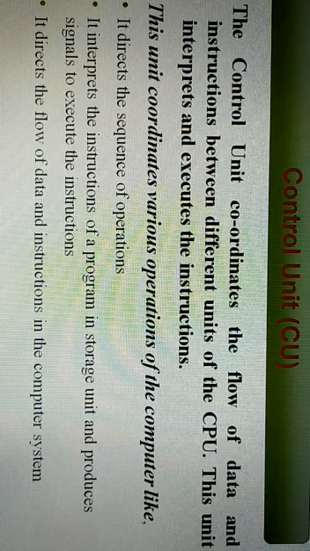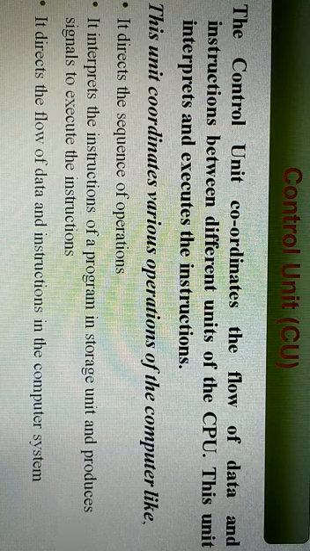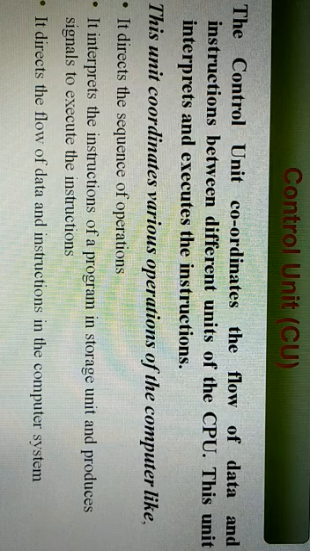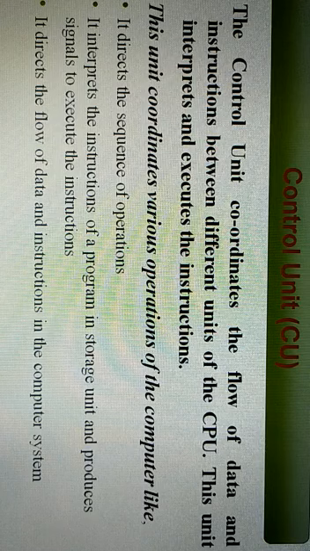So the control unit is responsible to interpret the instructions of a program and produce signals to execute the instructions. And the last one is it directs the flow of data and instructions in the computer system.